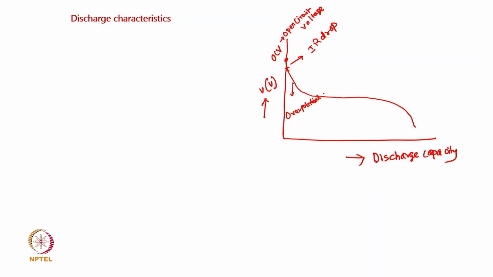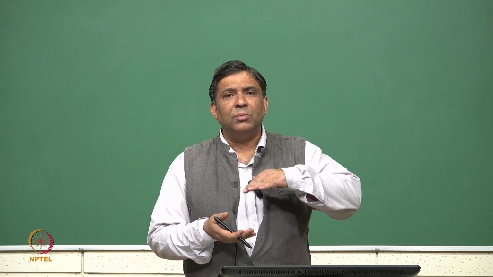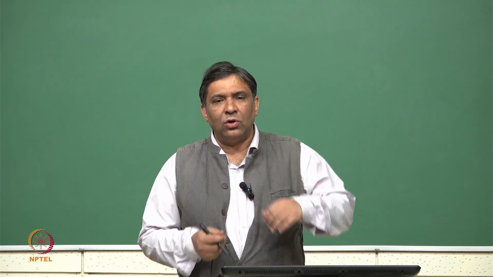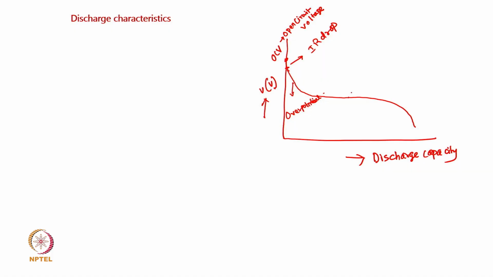So, now at this stage we connect the load. Therefore, a de-intercalation process starts taking place from anode to cathode. That means lithium starts moving from anode to cathode through the separator, and the potential which is required to start that electrochemical activity is called over potential, and then it goes through a plateau region.